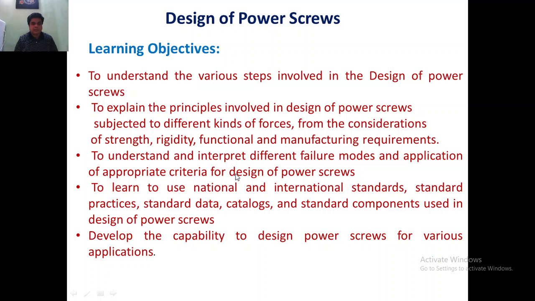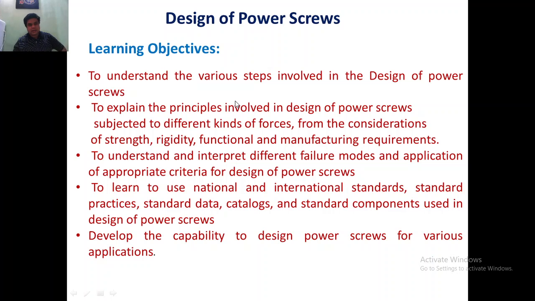Before we start the actual content of power screws, let us see the learning objectives of this topic. First, the student will be able to understand the various steps involved in the design of power screws.